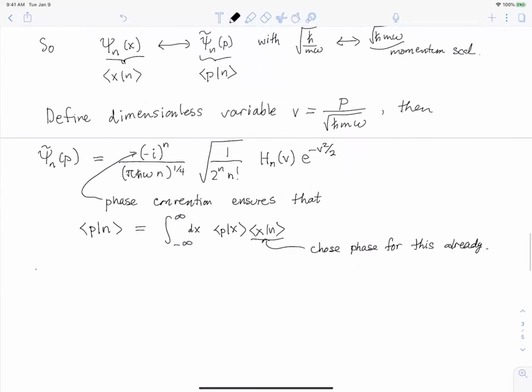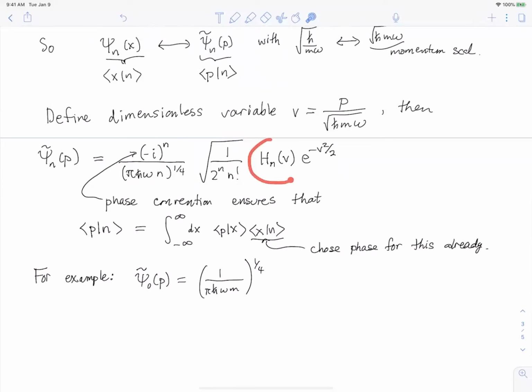So for example, a nice example is the ground state, because for the ground state, n equals 0, so we don't have to worry about that phase. And then psi tilde 0 of p is equal to 1 over pi h bar omega m to the 1/4. This square root factor doesn't do anything for n equals 0. The Hermite polynomial is just 1.